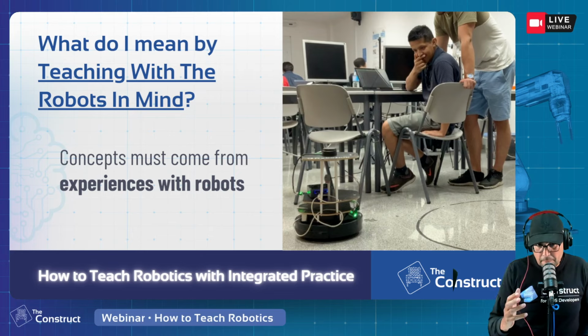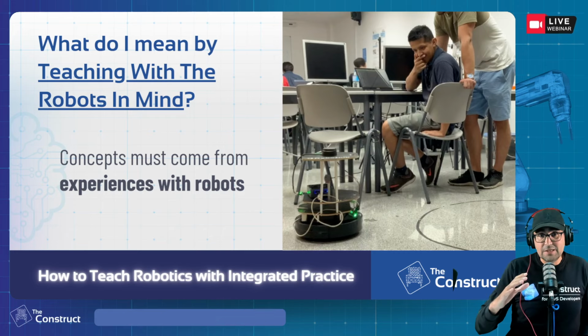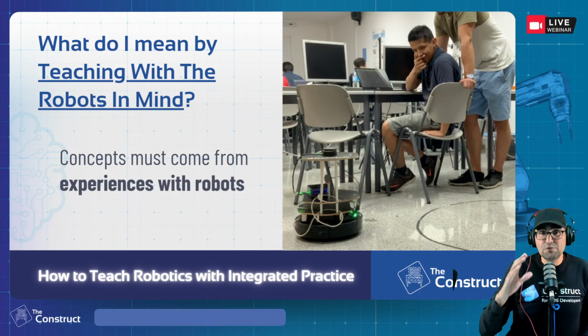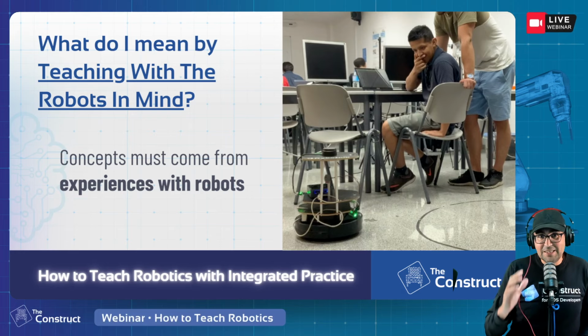And then you may be asking, what do you mean by teaching with the robot in mind? What I mean is that I don't agree on teaching the concepts just because of the concepts. All the concepts included in robotics have a reason to be there, and those reasons came the first time from experiences with robots.